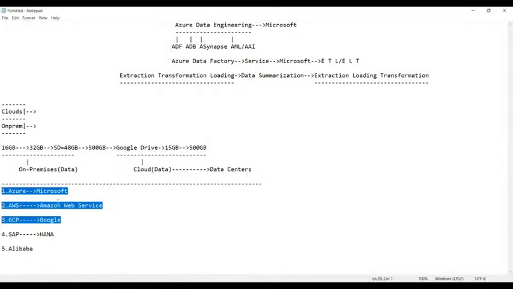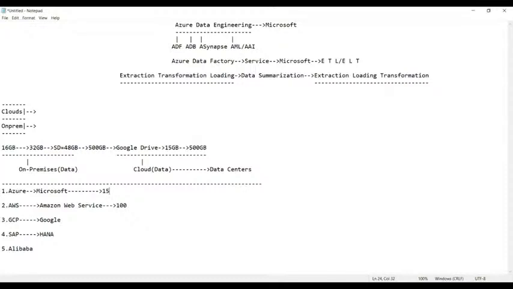Amazon was number one before. Now it has come down to the second position, and you can say even to the third position. Why? Amazon is more costly. The job which you can do here requires 100 rupees, and suppose the same service is provided by Azure for 15 rupees.